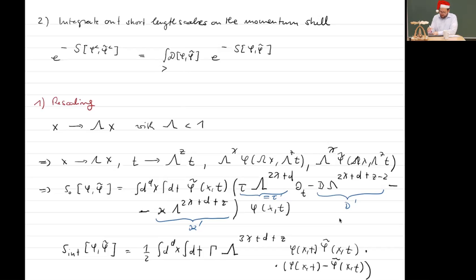So you see that these fields always appear in cubic order, and that's why we now get 3 chi instead of 2 chi. So now we already have an equation that updates our parameters by this one step.